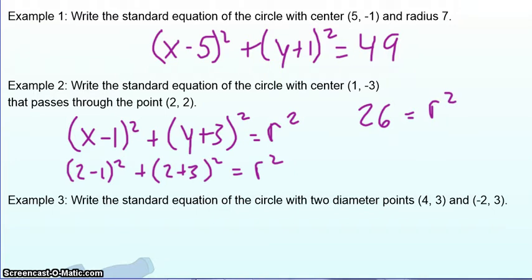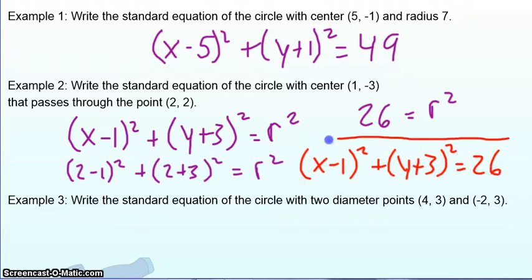So that's what the radius squared is. That means my equation, I have to rewrite it with the 26 in there, will be (x - 1)^2 + (y + 3)^2 = 26. So that's my final answer. So I think that's the easiest way to do that.